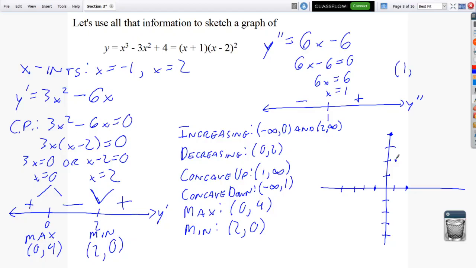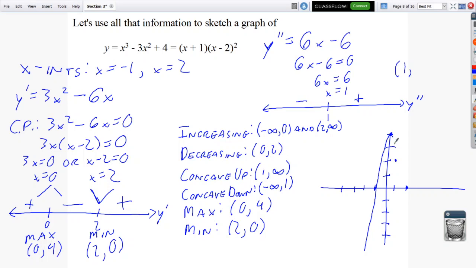Now what I'm going to look at here, I'm increasing from -infinity up to 0. So that means this is going to have to go up. Even further, from -infinity to 0, that falls into the concave down territory. So the concave down, I'm going to increase and look like a frowny face. Right there, I can see that I switch from increasing to decreasing at 0.